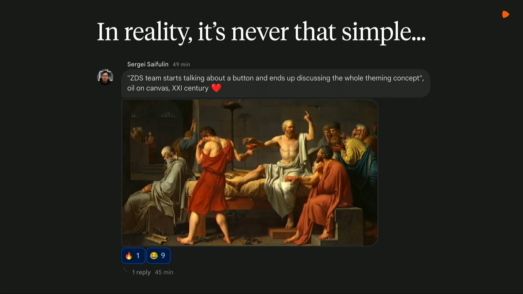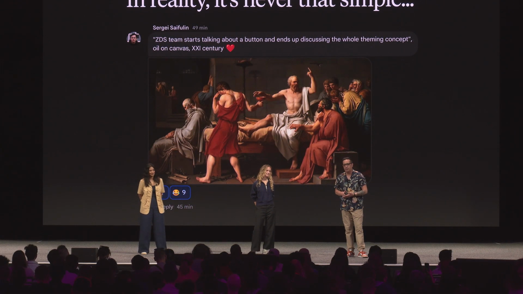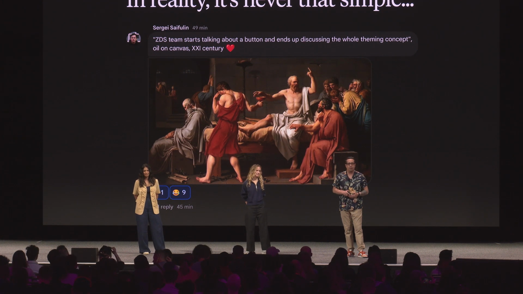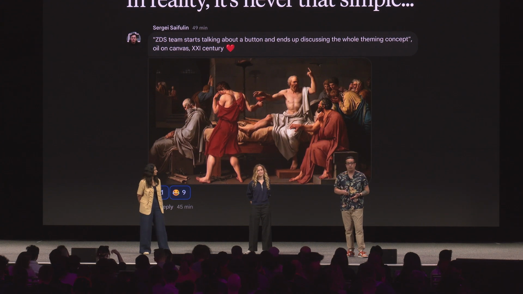But in reality, it's never that simple. In fact, this is one of the most challenging steps in this process. And it still happens to us from time to time, going through questions like, should we allow this or should we restrict that? Where sometimes this can lead to discuss the whole theming concept.